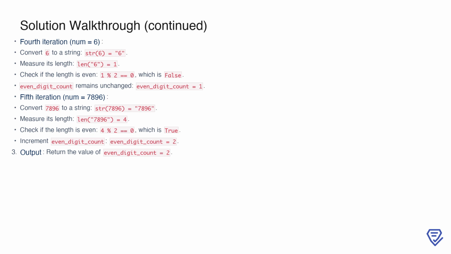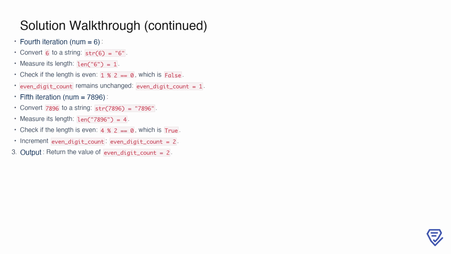Now, we proceed to the fourth iteration, where the current number is 6. Converting it to a string gives 6, and its length is 1. Since 1 is not even, even_digit_count remains 1. Finally, in the fifth iteration, the number is 7896. Converting it to a string gives 7896, and its length is 4.